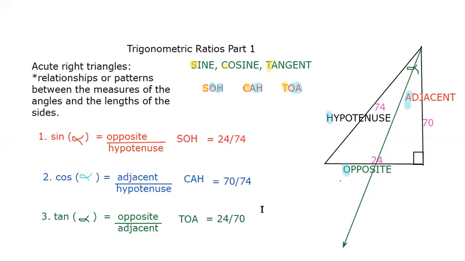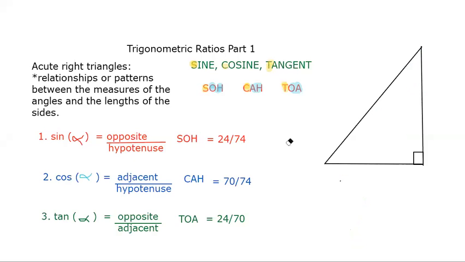So now that we're familiar with setting up these ratios, let's do some examples from your worksheet. In this worksheet, you're going to be given the angle and you're going to find a missing side.